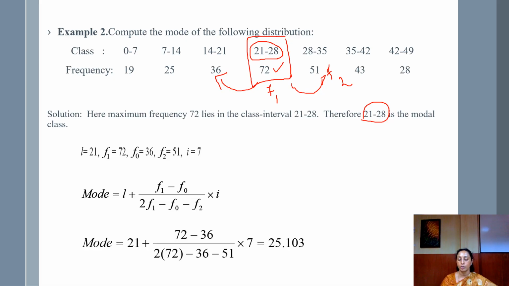Similarly, for 7 to 14, the class length happens to be 7. So multiply with 7 and simplify this, we get the modal value as 25.106. So the average marks of the students by the modal method is 25.106. This is how we find the mode for individual, discrete and continuous observations.